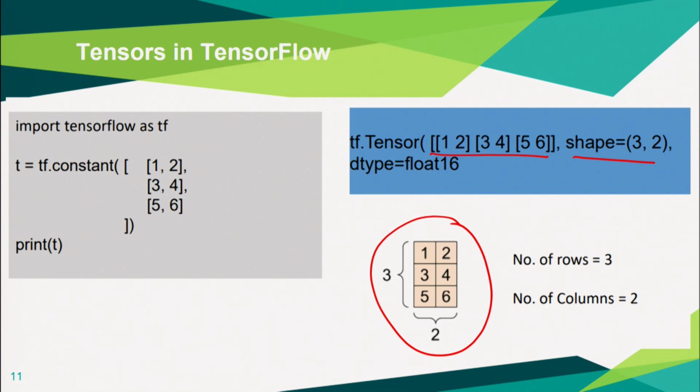So, 3 rows, and 1, 2, 3, 4 and 5, 6 are the input values, and the data type we consider here is float. No problem that if it is 1.0, 2.0 has to be given, not like that, we are just defining it as a float data type, that is it. So, in case of the Python TensorFlow libraries, if you want to depict a shape, the input data has to be taken like this, we need to apply the tensors in this particular format.